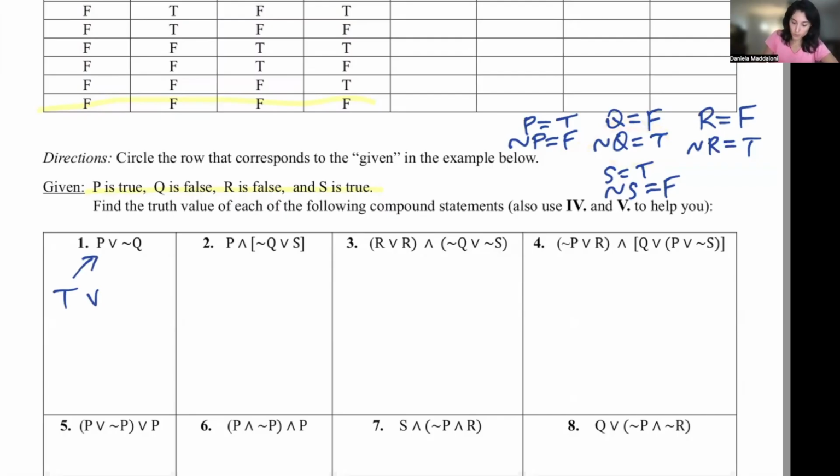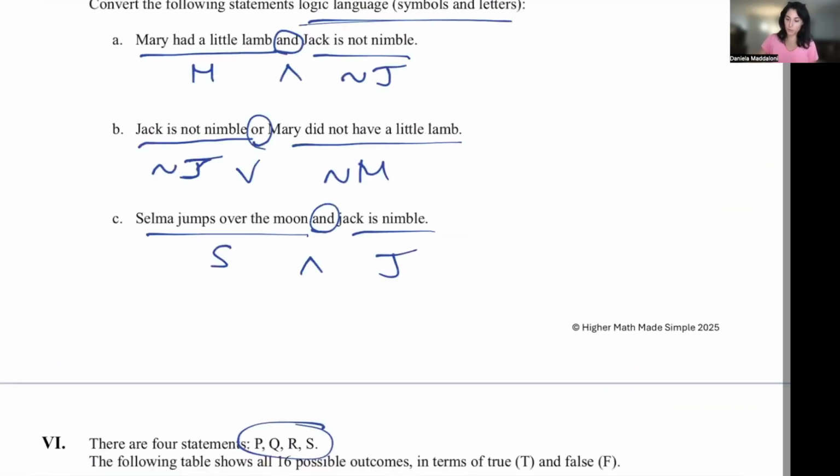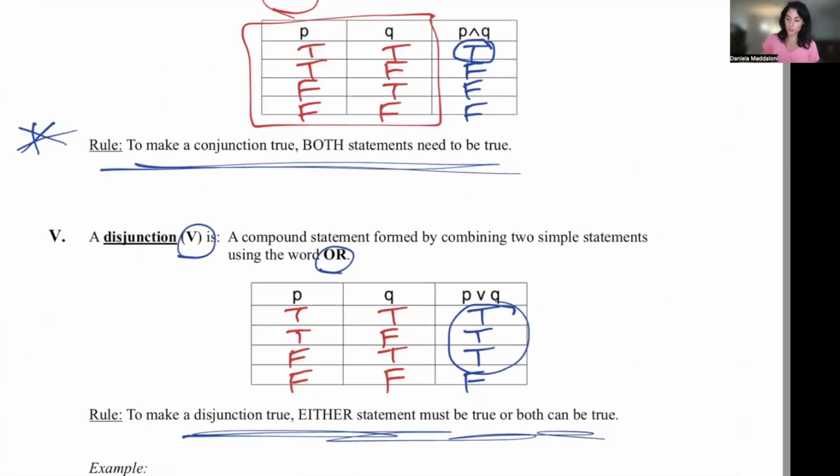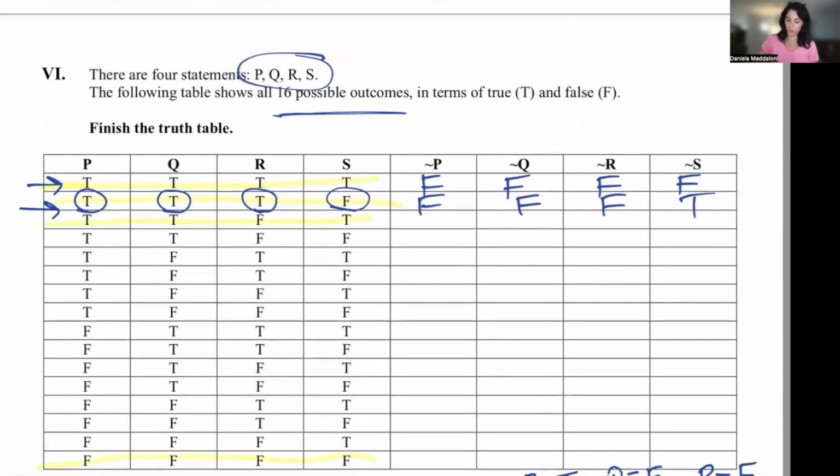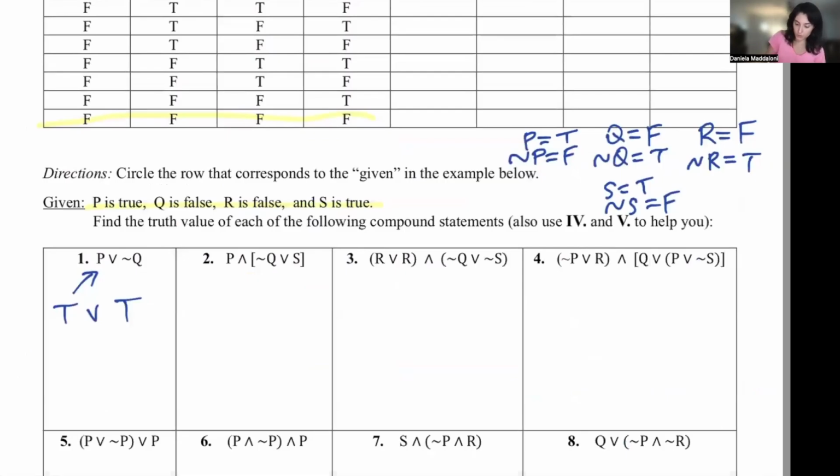That's the disjunction of two true statements, which we already did on the previous page. For any disjunction, we look at that first column. We know that the disjunction of two true statements is true, so our final answer would be true.